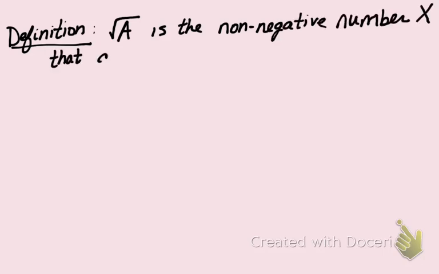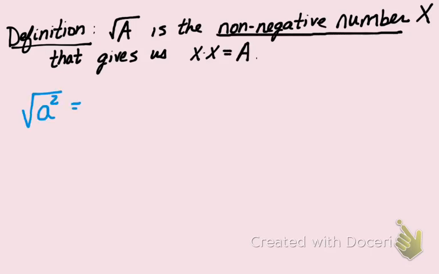Now here again I'm writing the definition. The square root of a is the non-negative number x that gives us x times x equals a. So if I'm taking the square root of little a squared, I actually get the absolute value of a.